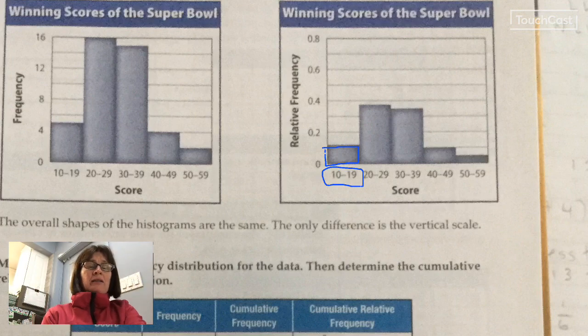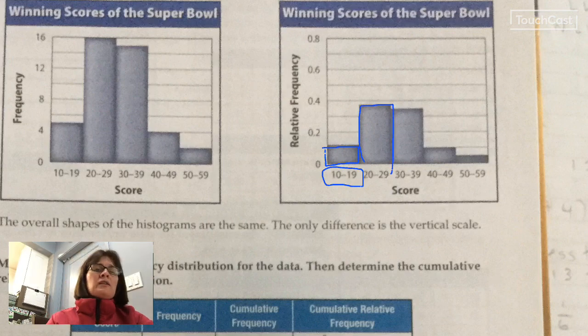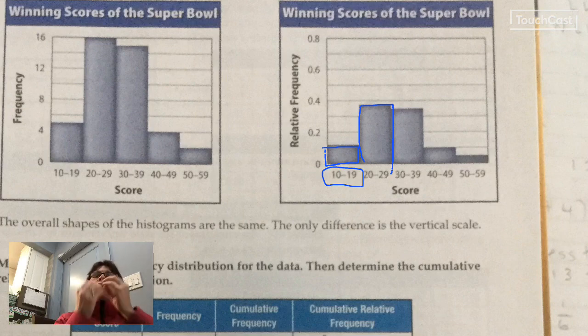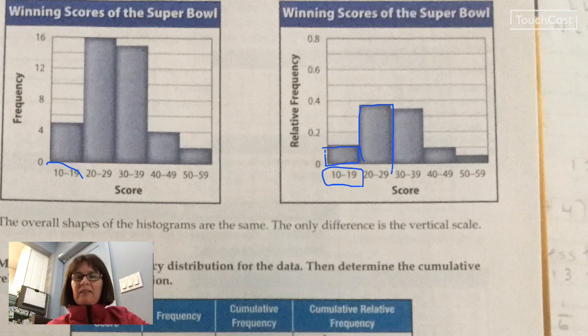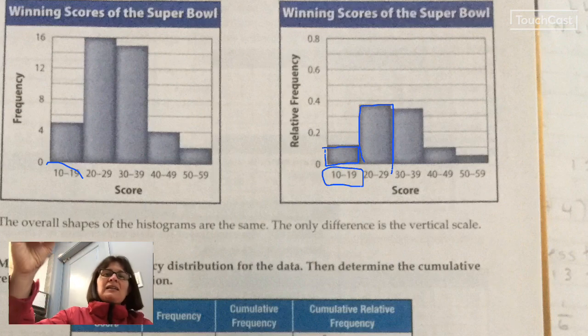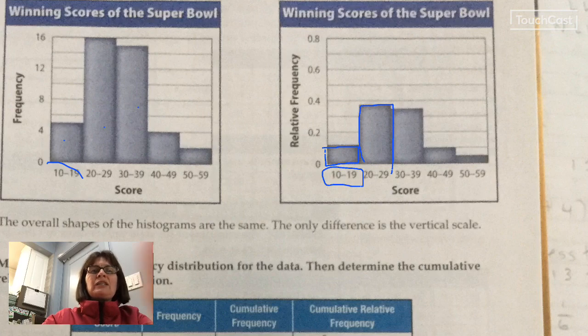The second bucket, the 20s, had 16 out of 42. 16 out of 42 is 0.38, so you can see the height here is 0.38. This is going to be a big topic for us. It's a way to help the data be visual, but also take away its dependence on the specific numbers, the fact that there were exactly 5 and exactly 16 numbers in each of these buckets.